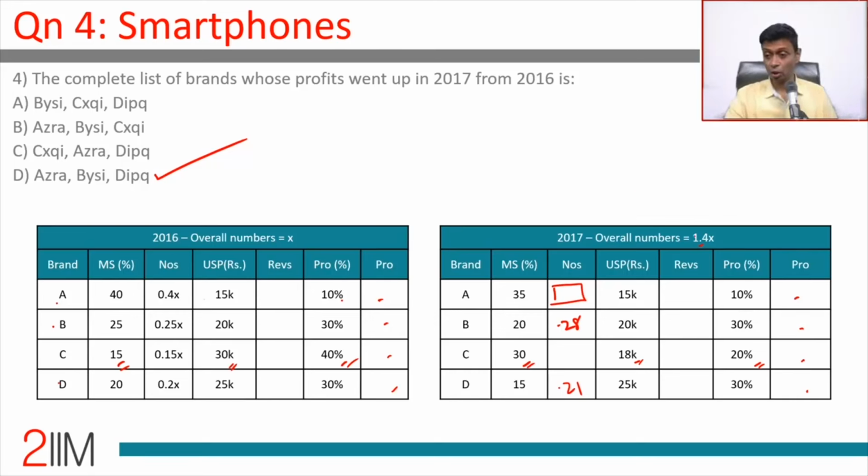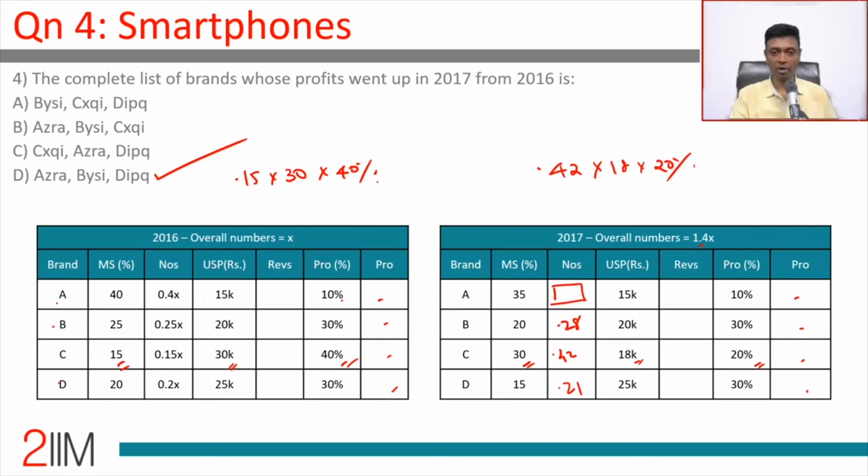Let's verify that. 1.4 times 32 is 0.42. 0.42 into 18 into 20% compared to 0.15 into 30 into 40%. I'm going to compare these two. Right?